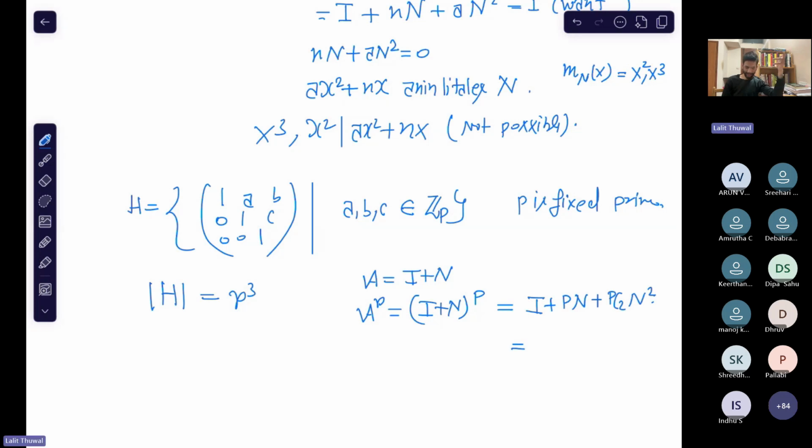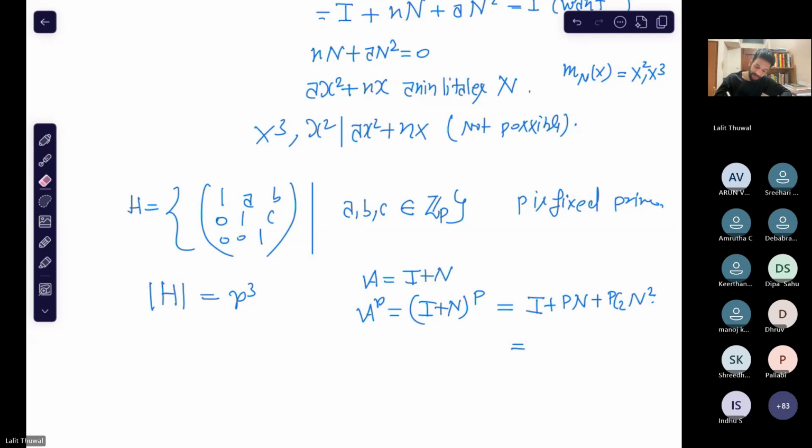Pallavi, how do you say that when P equal to 2, this will not be identity? If P equal to 2, then, sir, 2C2 will be 1, so there will be one n square term. Good, very good.